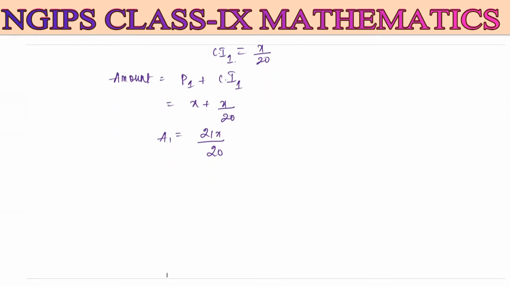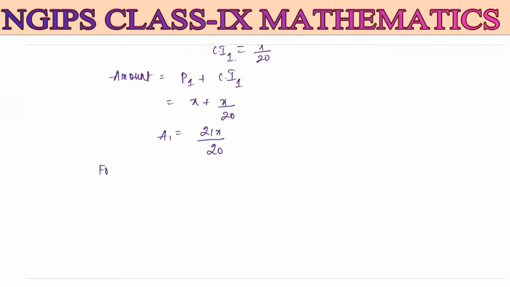Next, for the second year, the principal is the first year amount carried over, 21x divided by 20.